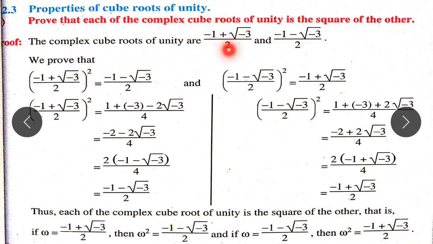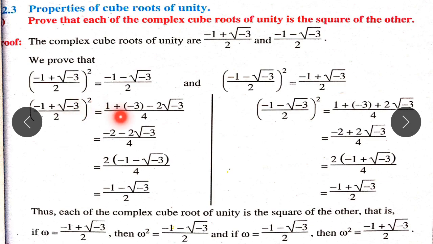Here it is written, one of them is minus 1 plus root minus 3 divided by 2. If you take the square of this, the result will be the other cube root. Let's go with the squaring. If we take the square, you can see here minus 1 plus radical minus 3 whole square. It makes the formula of a plus b whole square.